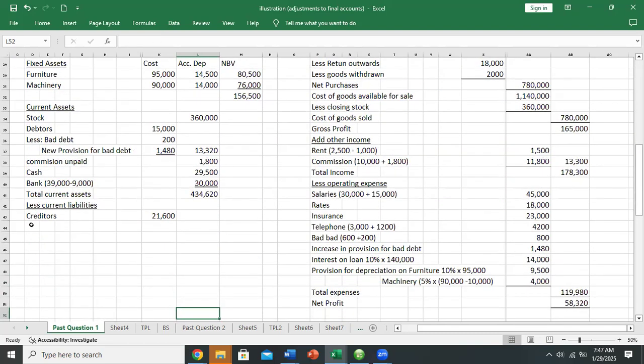So first was telephone outstanding, an expense outstanding, and accrued salaries. The interest on loan has also not been paid.